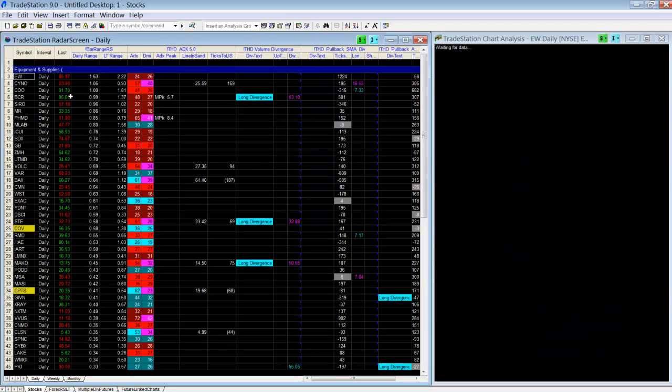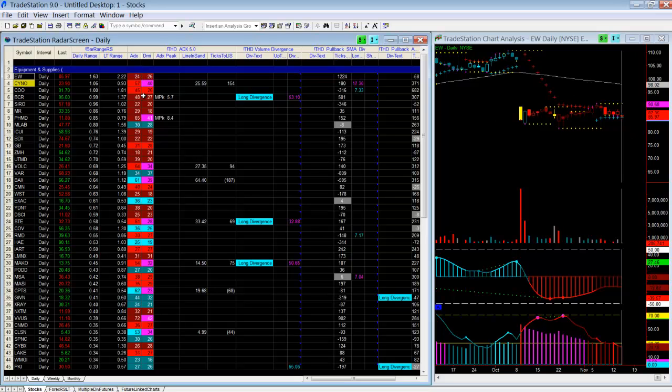So EW, okay, this is one that moves an average of $2.22 a day. CYNO is 93 cents a day. COO, $1.81 a day. So you can see how you can actually see, okay, is this a stock I really want to get into? I'm sorry, no, it's a day because I've got it on the daily.